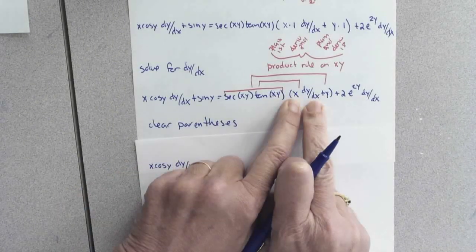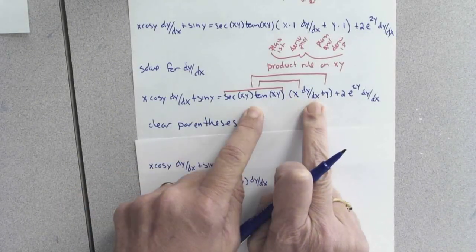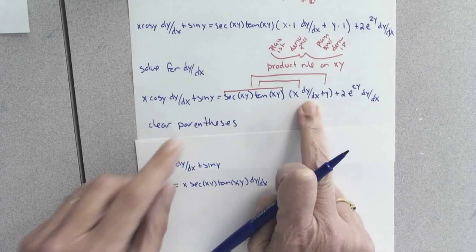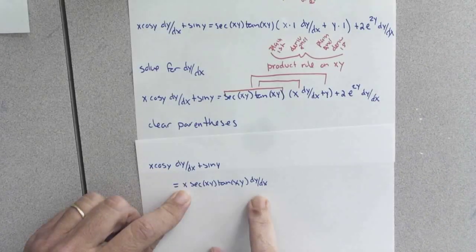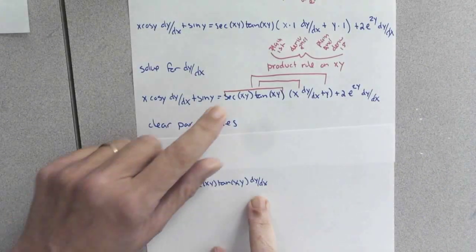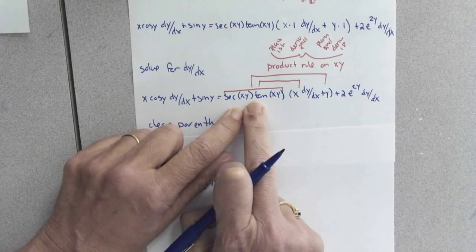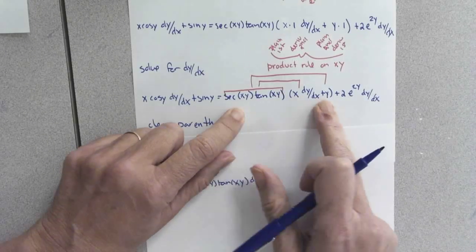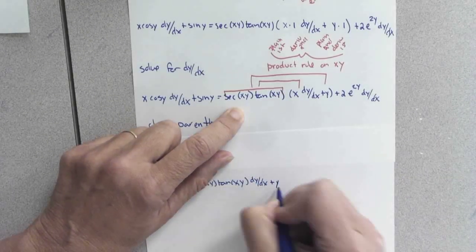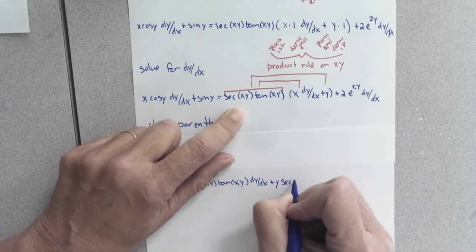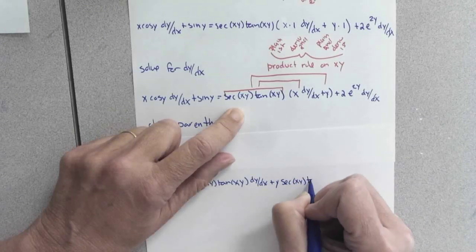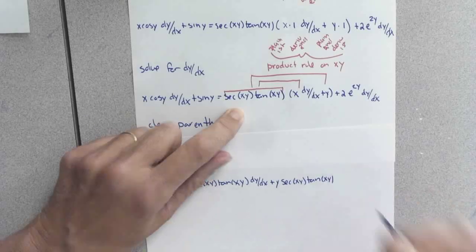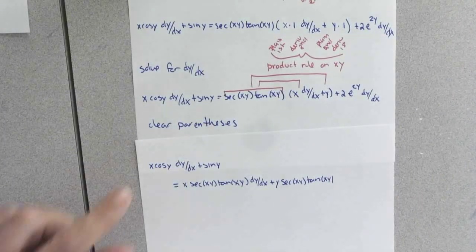So I took this guy, dx dy/dx, times all that. It's just all multiplication. I put the x in front, the dy/dx on the end. Then taking the secant xy tangent xy times the y, that's just going to be y secant xy tangent xy. And so there I cleared my parentheses.